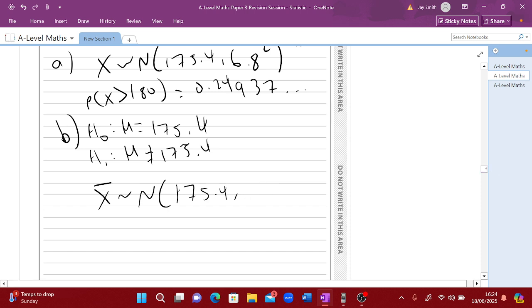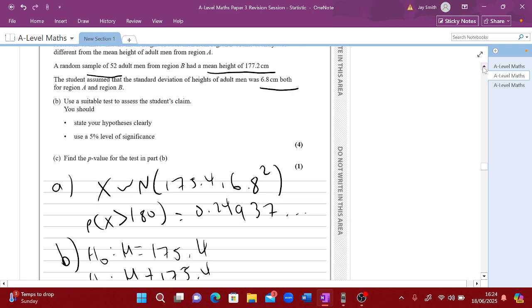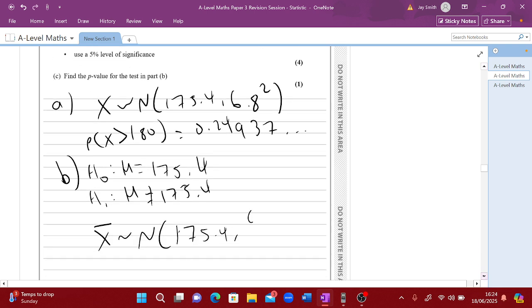Now we're shifting the standard deviation to 52 people. So that's n, so it's going to be 6.8 squared over 52, and that would be your mean and variance for the mean distribution of x.